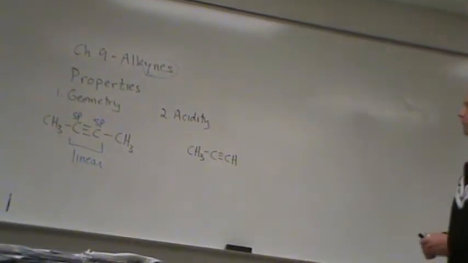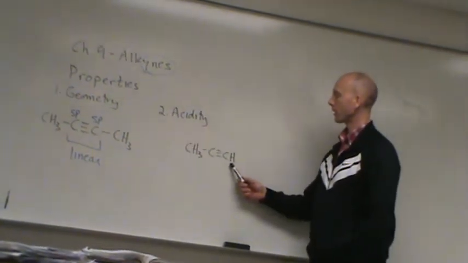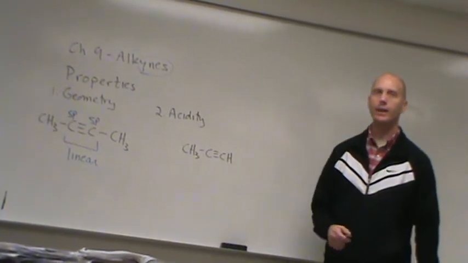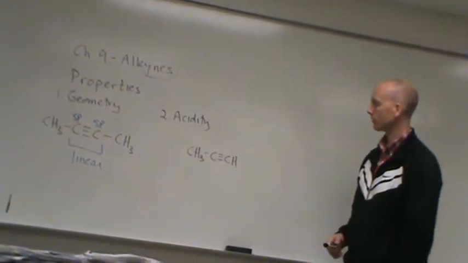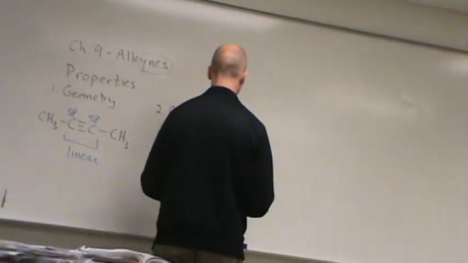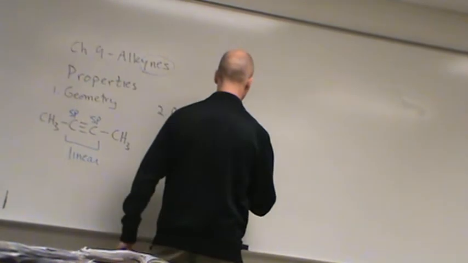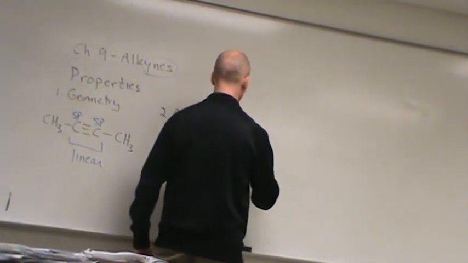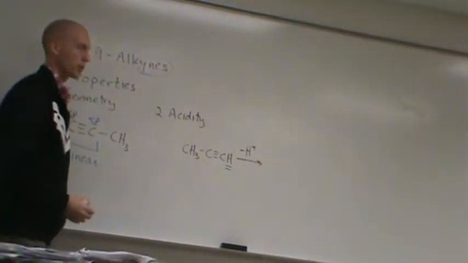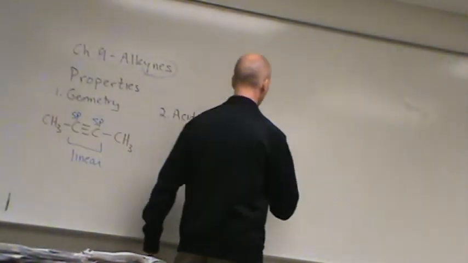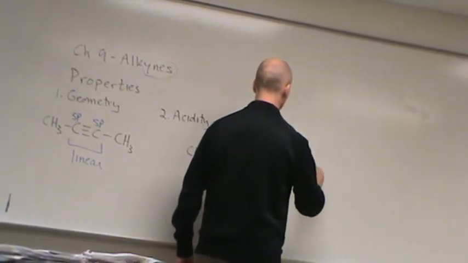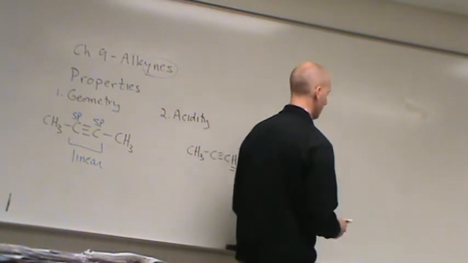Note that we have the triple bond on the end, and one of the carbons has a hydrogen. If we remove that hydrogen, we end up getting this conjugate base here, like that.